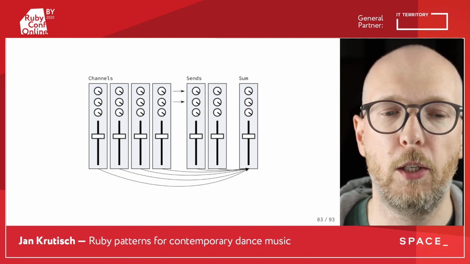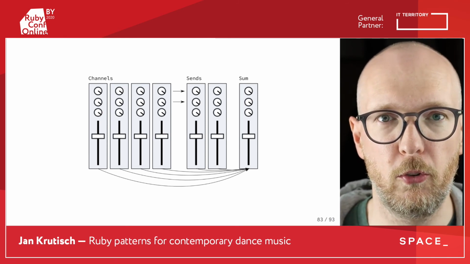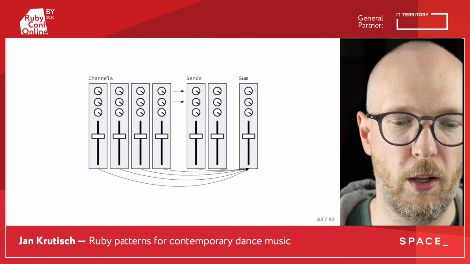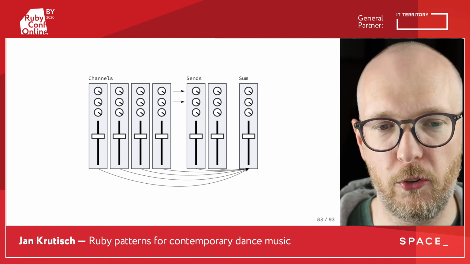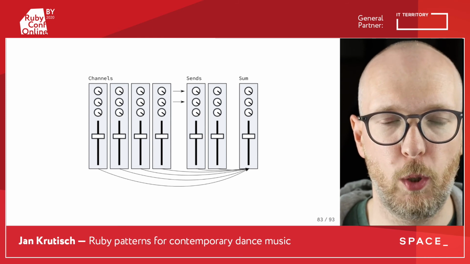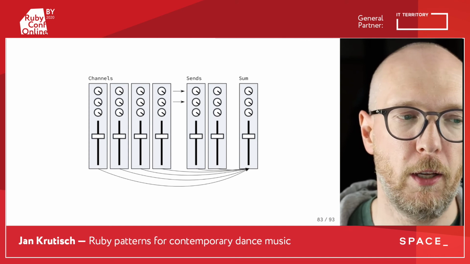You can also send some part of the signal to so-called send channels, and these send channels allow you to put modifications on the audio that you want to group together, and these modifications would be called effects.